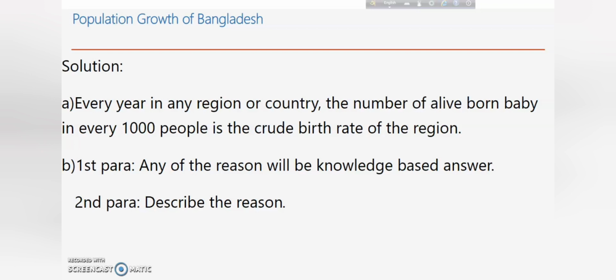For this, the invention of antidotes of those diseases has decreased the death rate. Therefore, the average life expectancy of the people has increased, and the average life expectancy of our country has become 71 years.